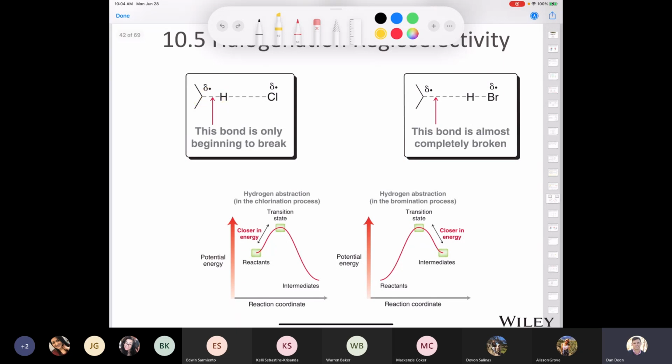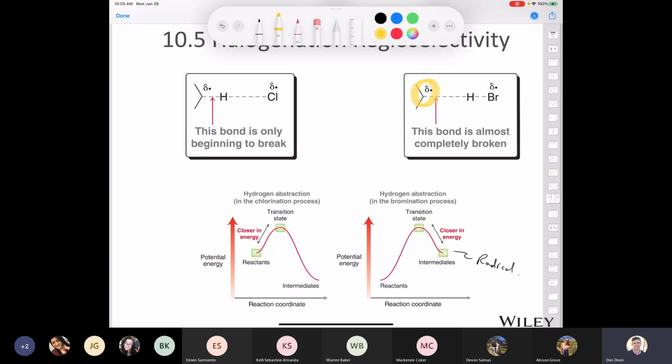It doesn't have very much radical character, does it? Whereas in the bromination process, the transition state much more closely resembles the radical, because the intermediate is the radical. And so at the transition state, the carbon-hydrogen bond is mostly broken. That means the carbon here has much more radical character.